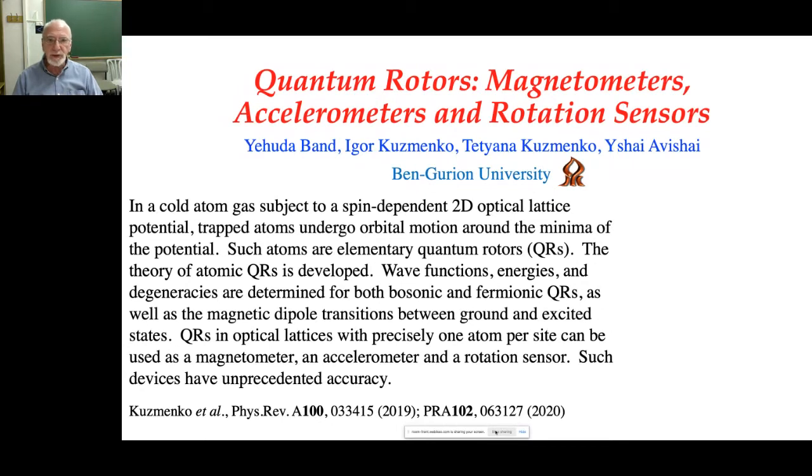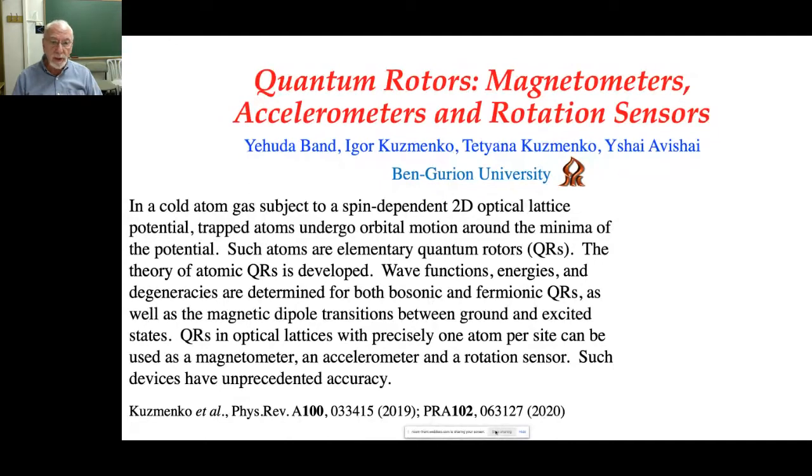That is, atoms go around a center of a potential. And these quantum rotors can be used to make sensors: magnetometers, accelerometers, and rotation sensors.